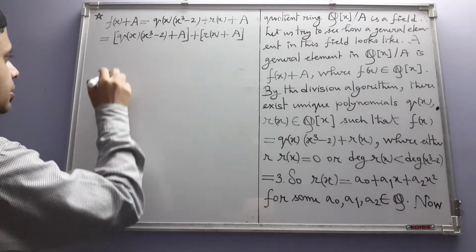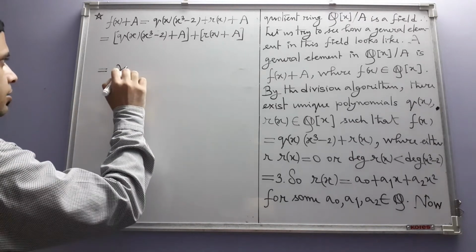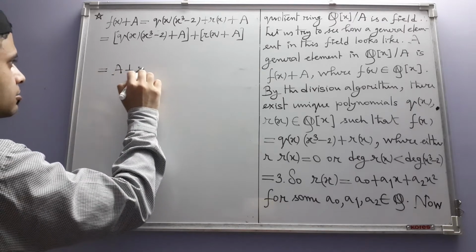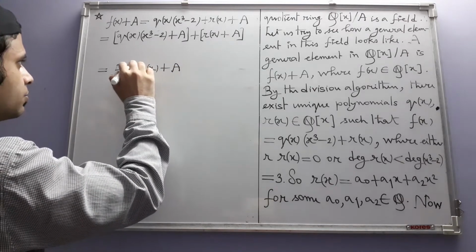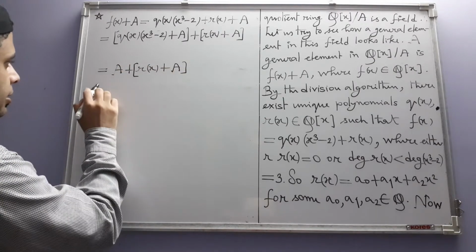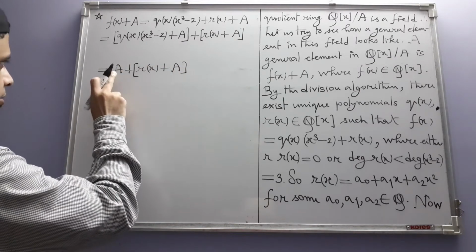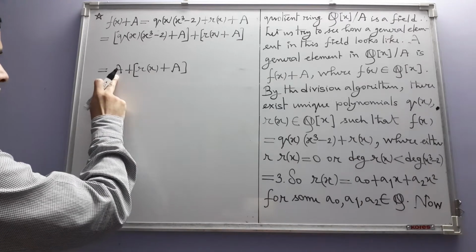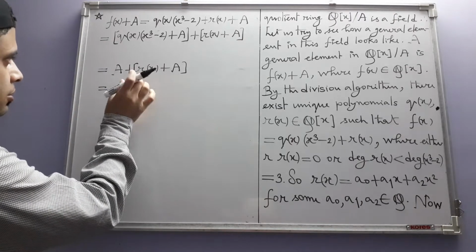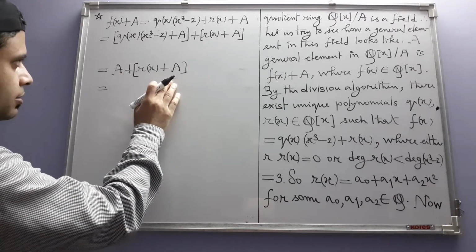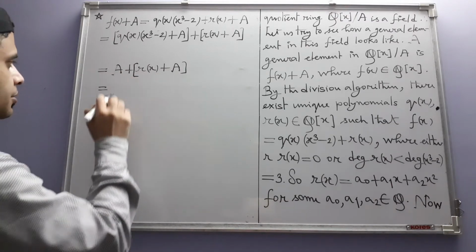And this thing is equal to A plus r(x) plus A. Now you know that in the quotient ring, simply A itself is the identity element. So if you add that with anything, that will vanish.